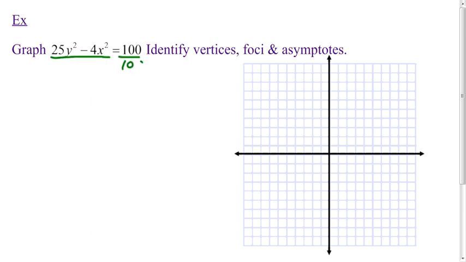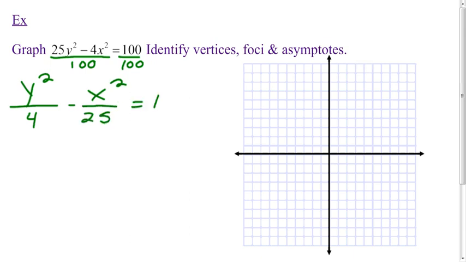I have to divide both sides by 100 because it has to equal 1. So before you even get too far into this, you divide everything by 100, which gives me y squared over 4 minus x squared over 25 equals 1.